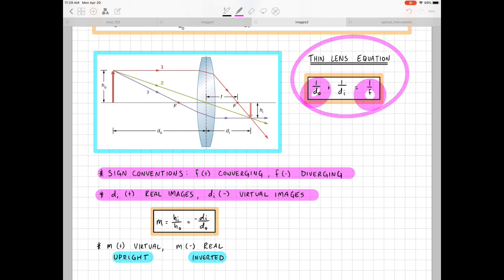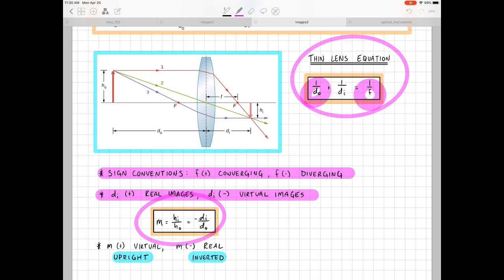Looking at the magnification expression, it also tells you that your magnification would be positive, because you're going to take the minus of a negative image distance.